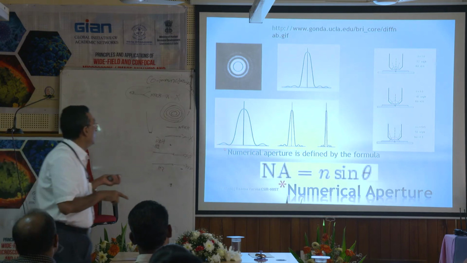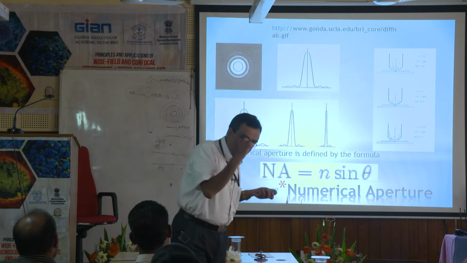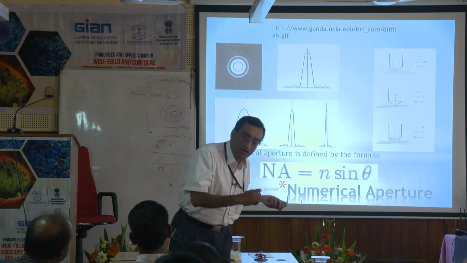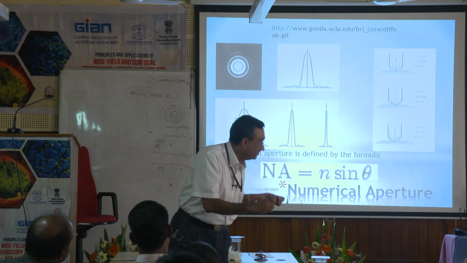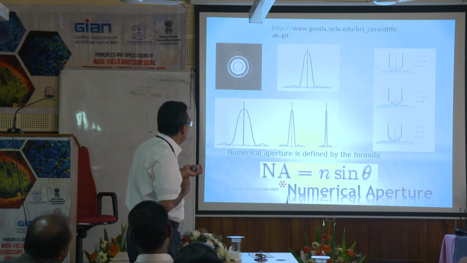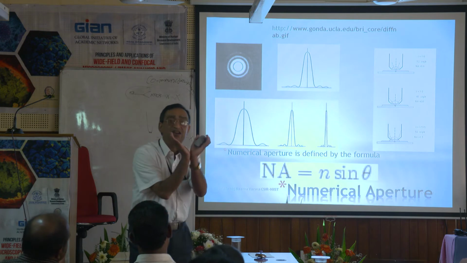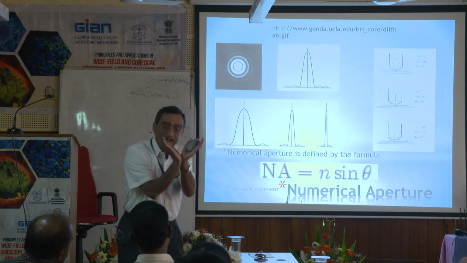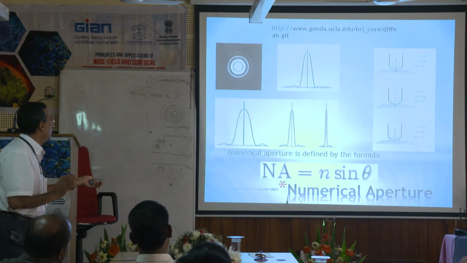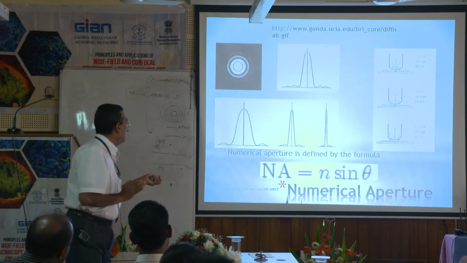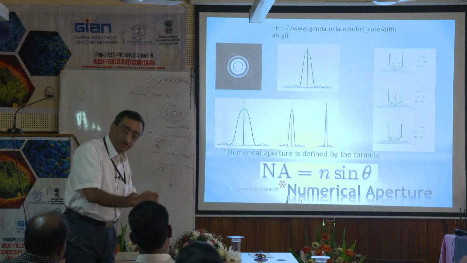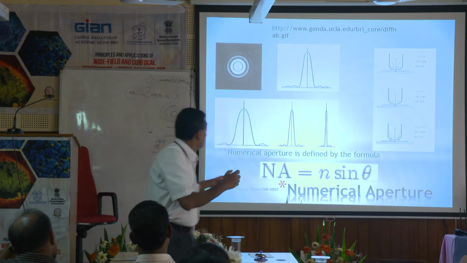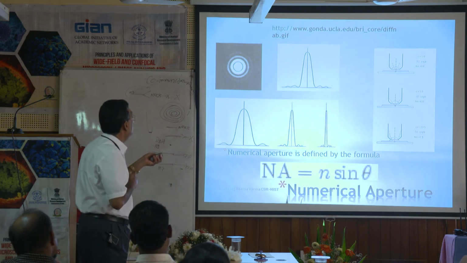For example, when your objective is very near to your specimen, the angle through which you collect the rays is very high. Then theta will naturally be very high, and when you keep the lens at low magnification and low resolution, theta will be much less.